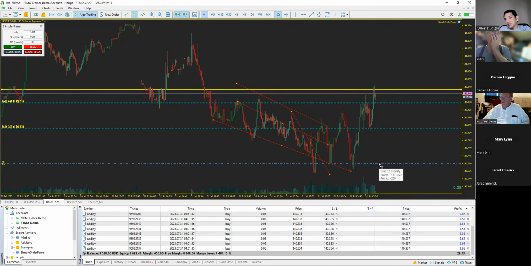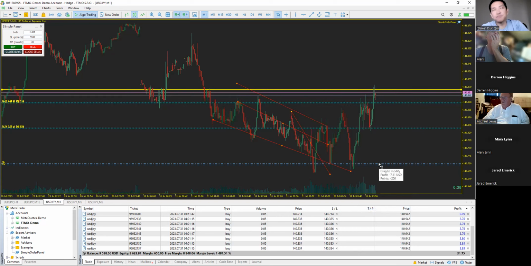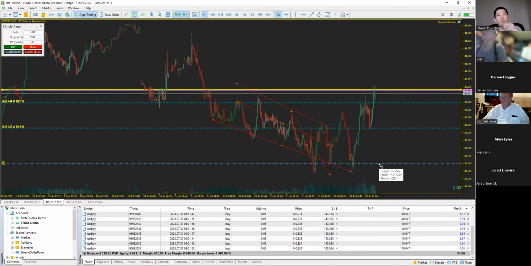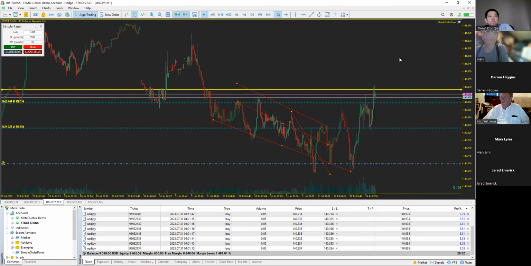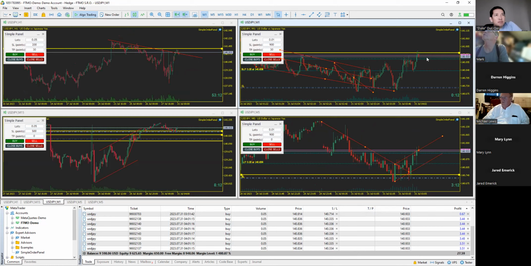So I like 3 fixed TPs better, because it forces me to take the profit while I still have it. Okay, so I personally build zero TPs with a smaller position like that because of that.